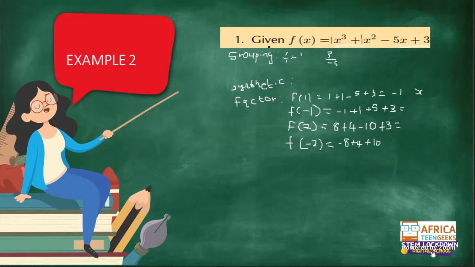Wait, but then you would need to find a factor and then, how did I do this one? Where did I make a mistake? The first one. 1 plus 1.